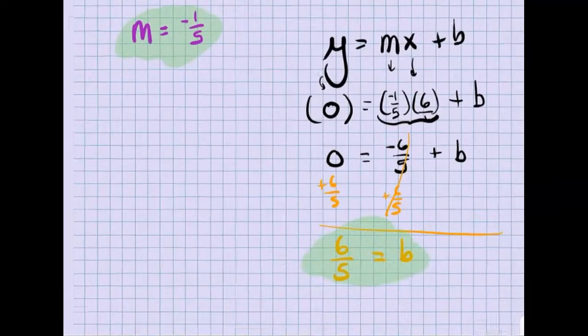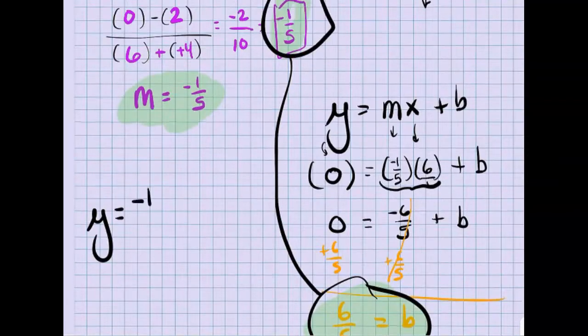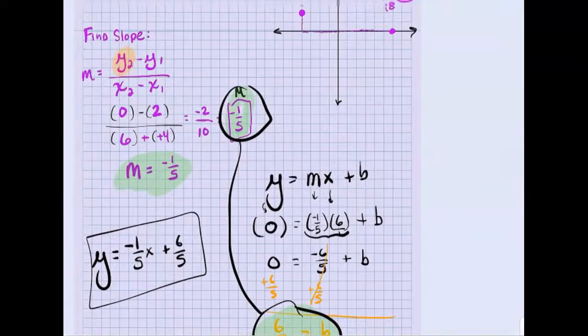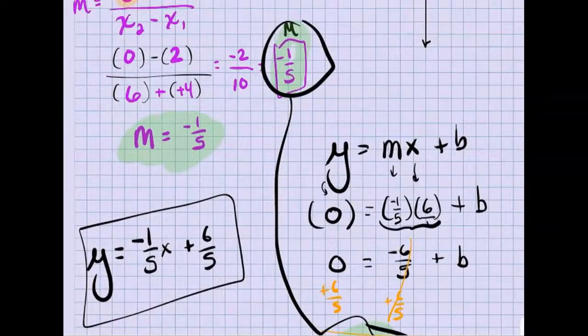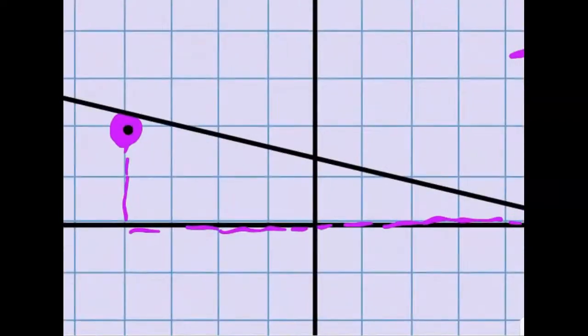You have your slope, you have your y-intercept, put those together, and you have y equals negative 1/5 x plus 6/5. And if we were going to graph that, it's tough to see exactly what the y-intercept is, but 6/5 is 1 1/5, so it's 1 and a little bit more. So that makes sense.